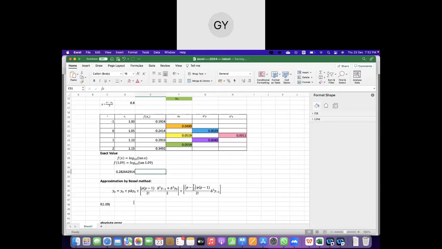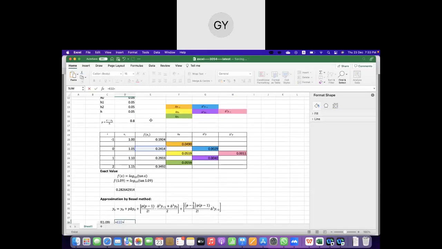The formula for the Bessel method is like this one, so we need to insert the values inside the formula. So equal to y0, which is 0.2414, plus p times first DD 0.